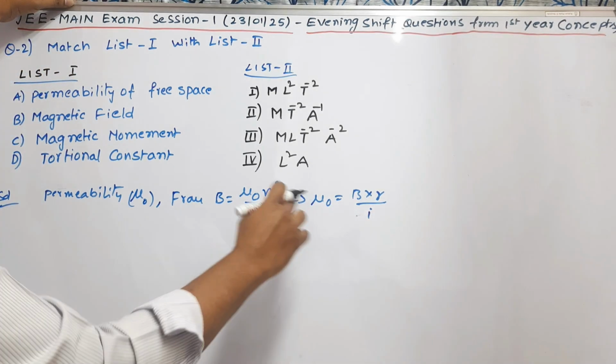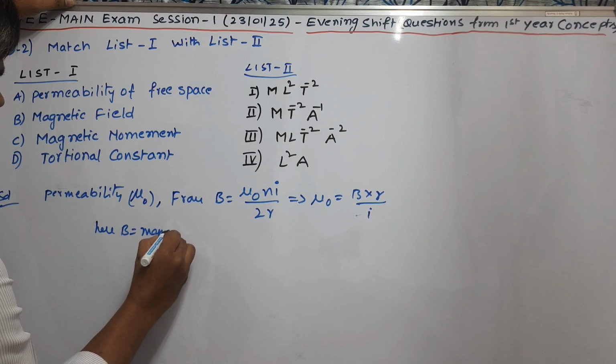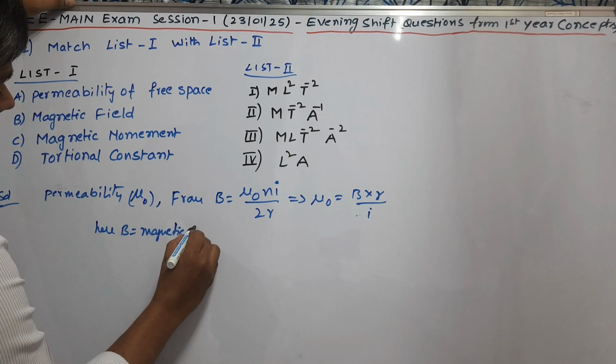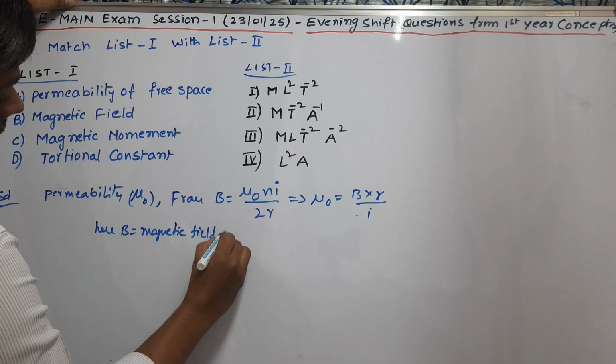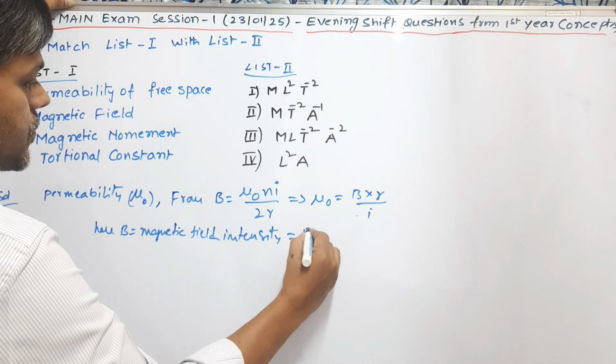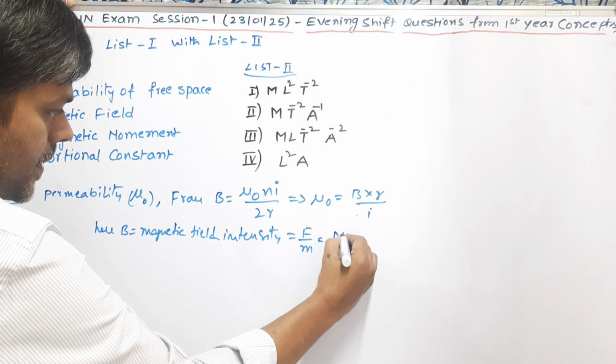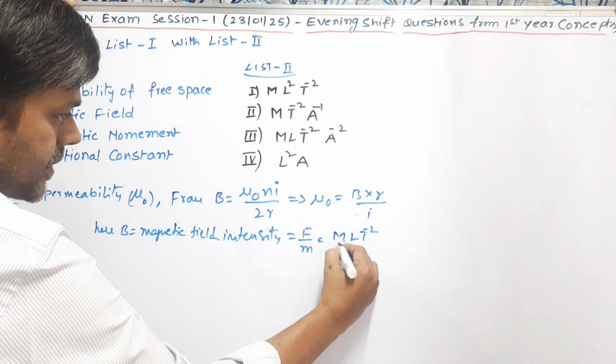Here B is the magnetic field intensity. Magnetic field intensity is equal to F by M. You know, F is M L T power minus 2.